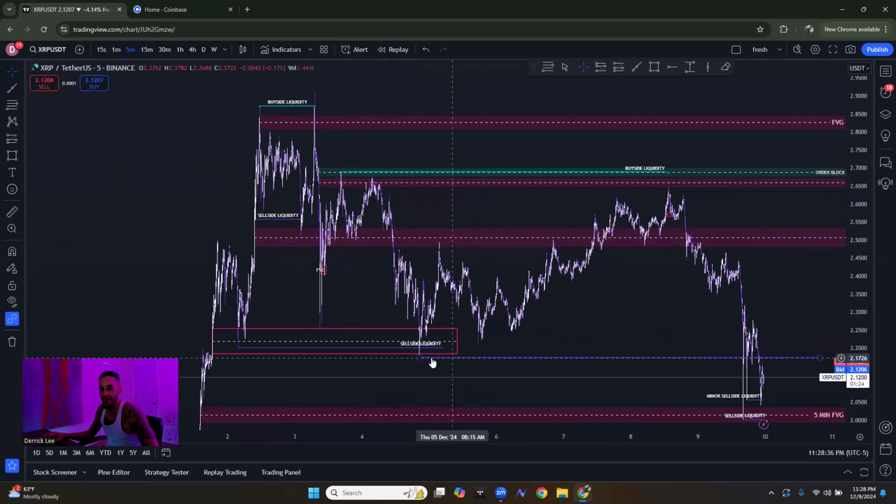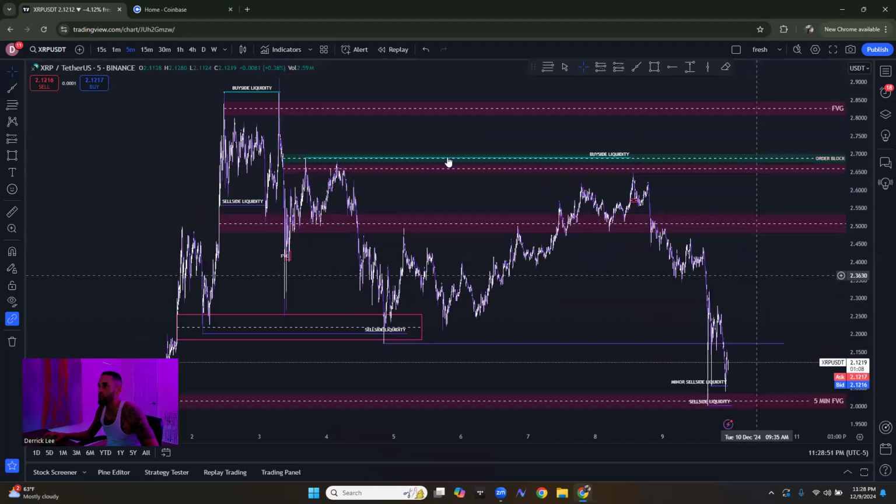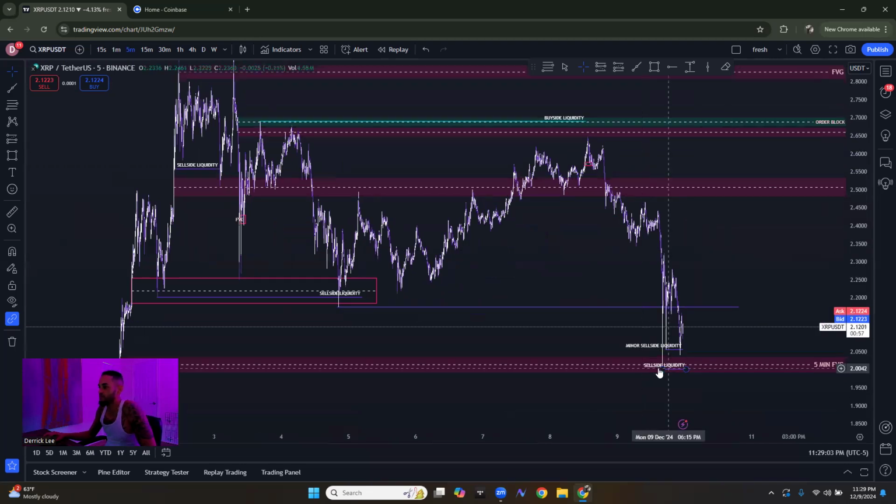This is sell side liquidity. Everybody who bought right here has their stop loss at these lows. So it's purposely going to run those lows and refer back to this price level. And then we can run this buy side liquidity. So by tomorrow or the day after, we're going to be right back at 2.69 because the damage has been done.